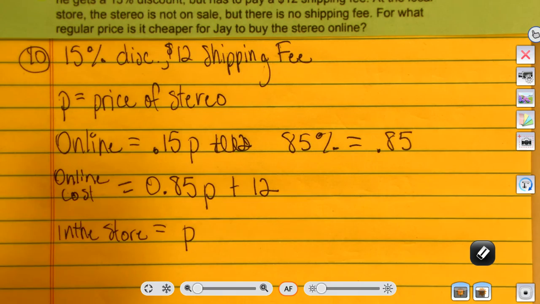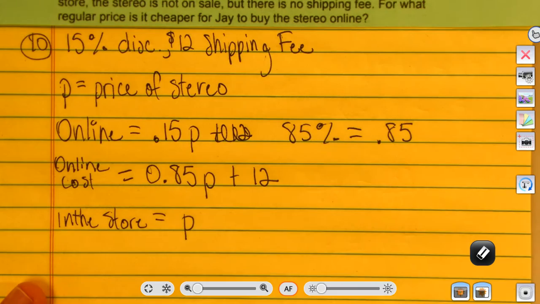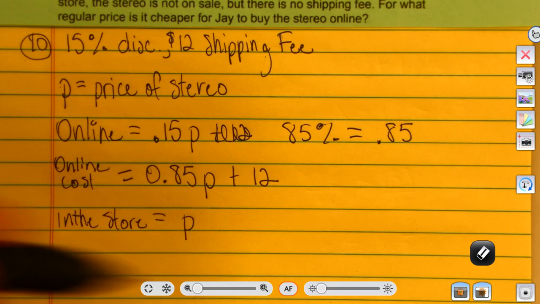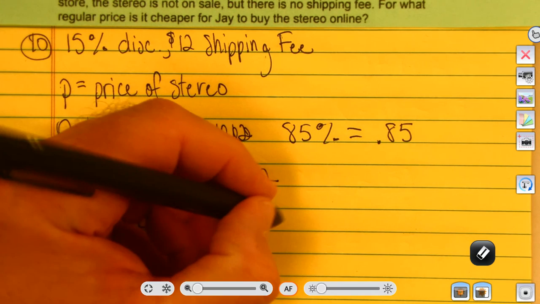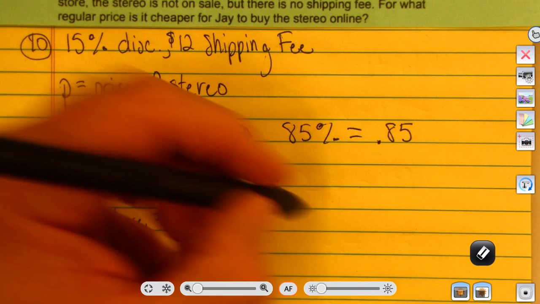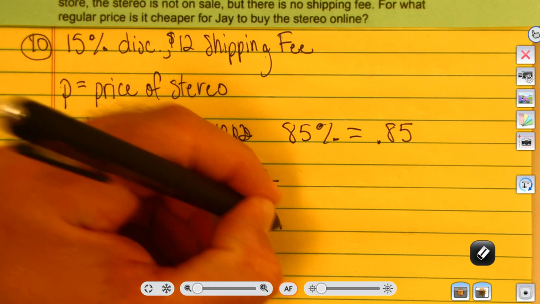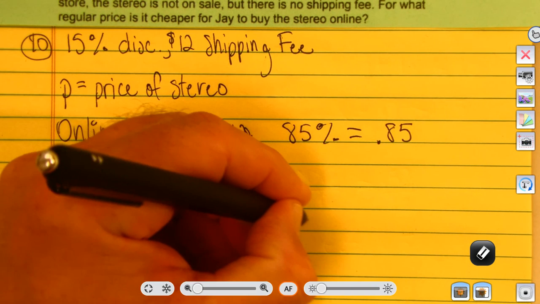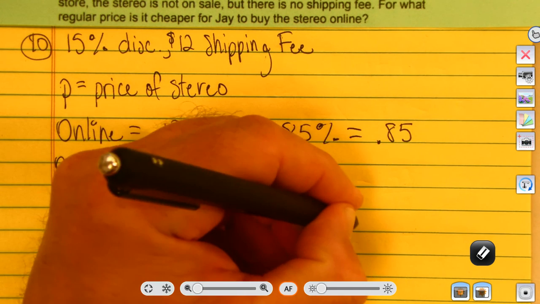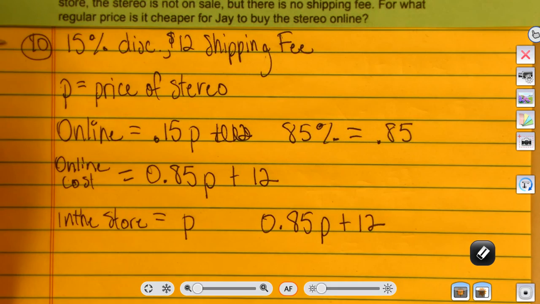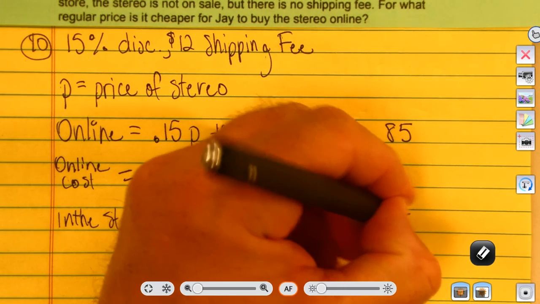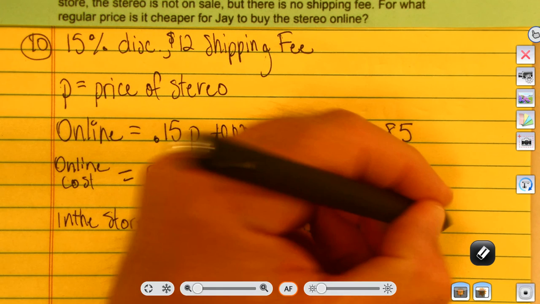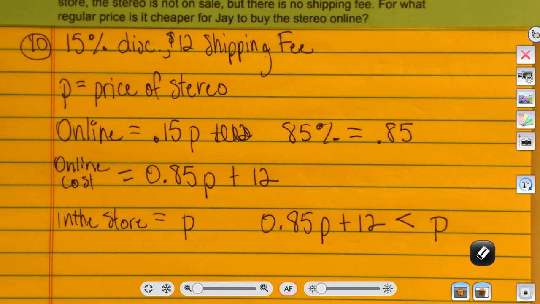Okay, so here's how I'd write that as an inequality. This is kind of key. The key to this problem is this. We want to know when 0.85P plus 12 is less than what it costs in the store.